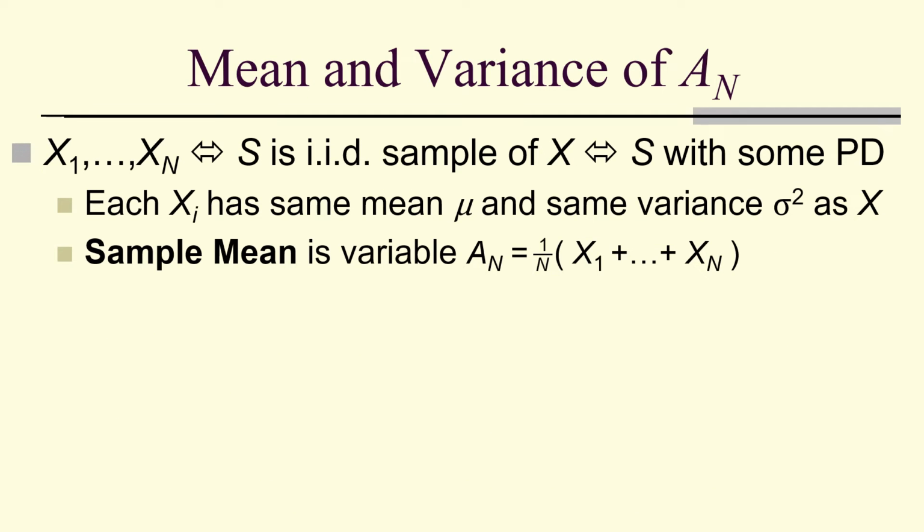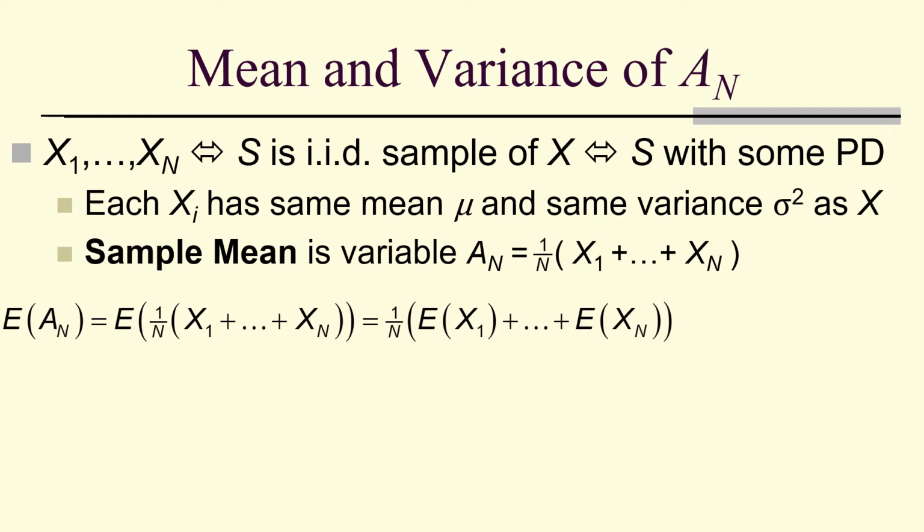So notice that if we have IID variables associated with S, then each Xi has the same mean, the same variance, and the sample mean is defined this way. The expected value of An is the expected value of 1 over n times the sum of the X's, which is 1 over n times the expected value of X1 plus up to the expected value of Xn, by linearity.